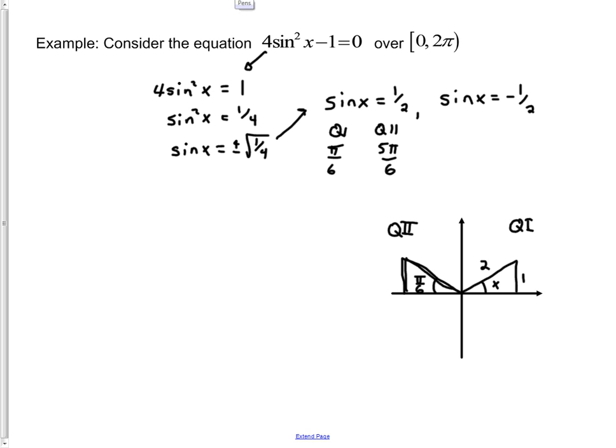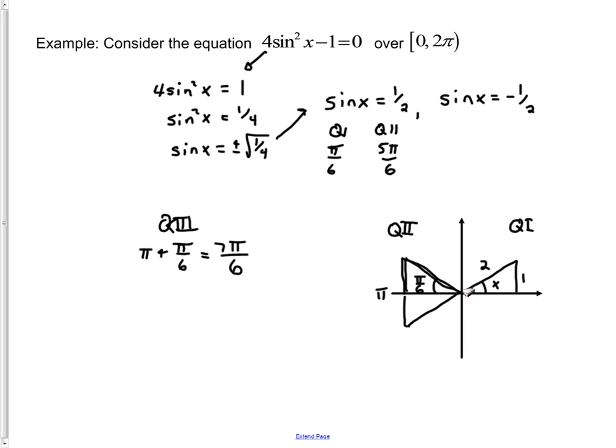Well, in quadrant 3, we use pi again, but what we're going to do is take our reference angle of pi over 6 and add that to pi this time. So pi plus pi over 6 gives us a standard position angle in the third quadrant. And so that is going to be 7 pi over 6.